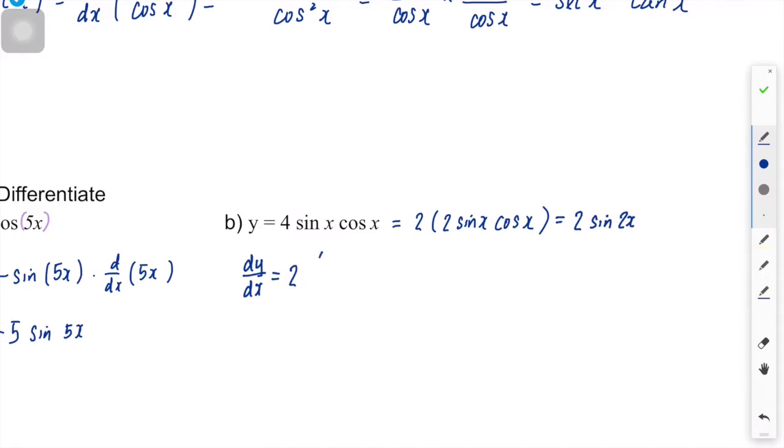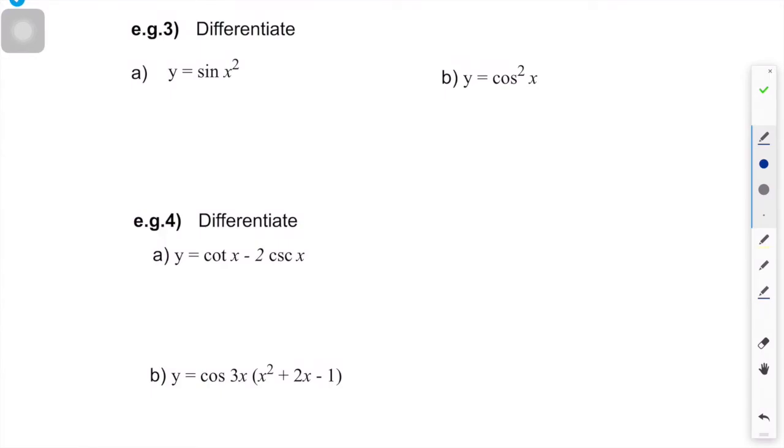The derivative of sine is cos, positive, of 2x. Remember chain rule? We need to take the derivative of 2x again. As a result, the derivative of 2x is 2, times 2 is 4. Cosine 2x is my answer.